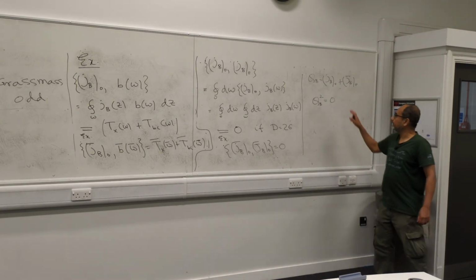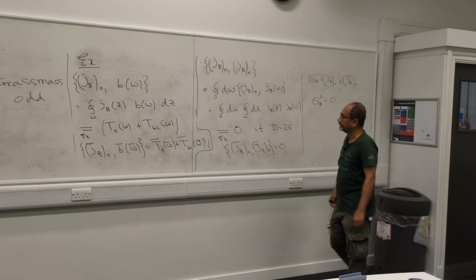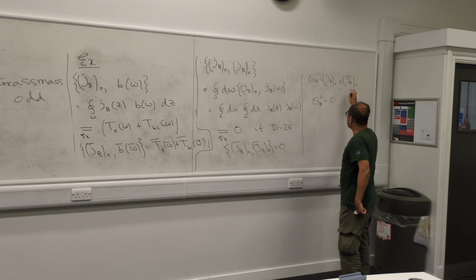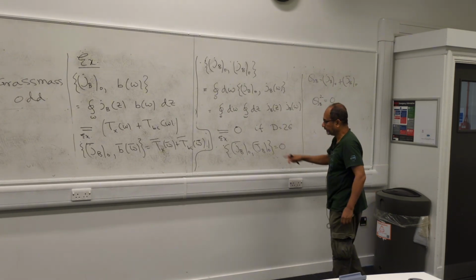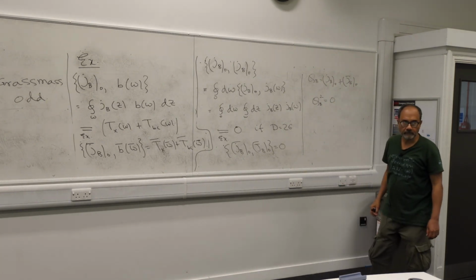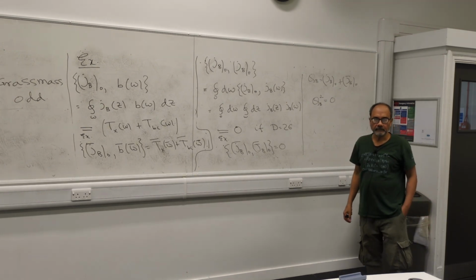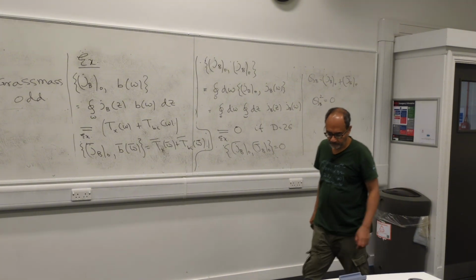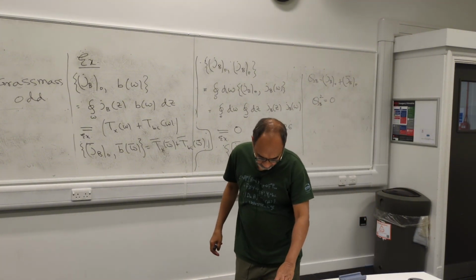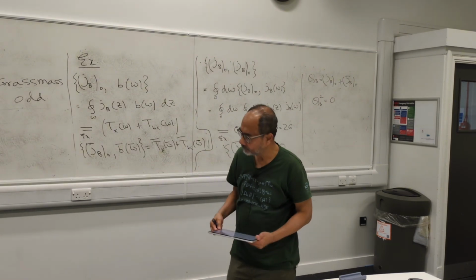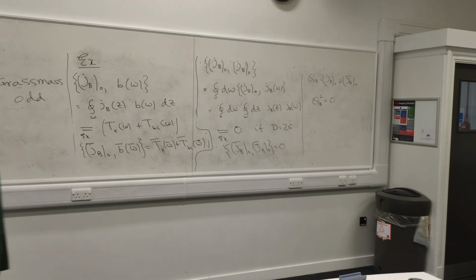So J_B(0) squared is 0 because of this relation, and J_B bar(0) squared is also 0 because of this relation. Is this clear? Okay. So with this, now we can define the physical states of the closed string.